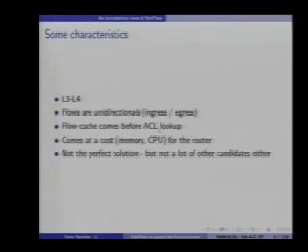So a few characteristics based upon that is that a flow really is about layer 3 and 4 information. Flows are unidirectional, be it ingress or more recently egress.